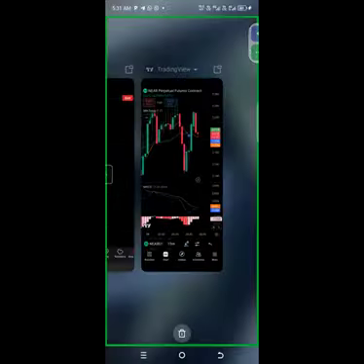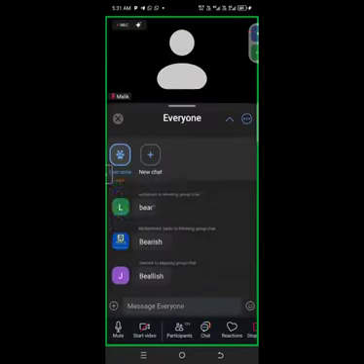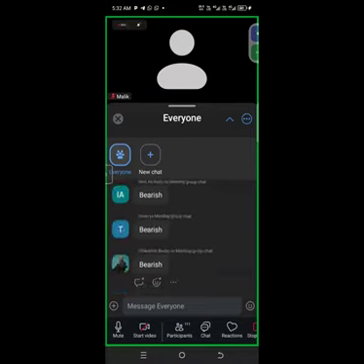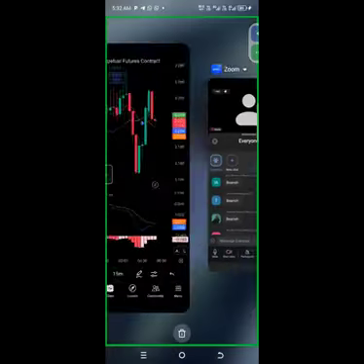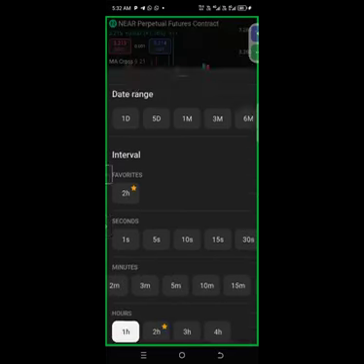Let me see your answer. Is it bullish or bearish? That's good. Okay, so let's look at it on maybe the 1 hour time frame or the 4 hour time frame.